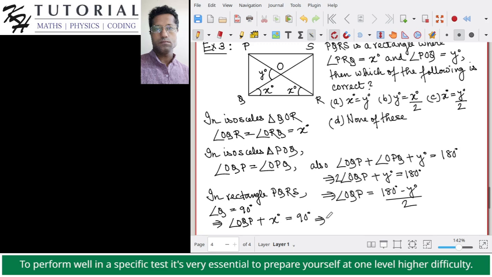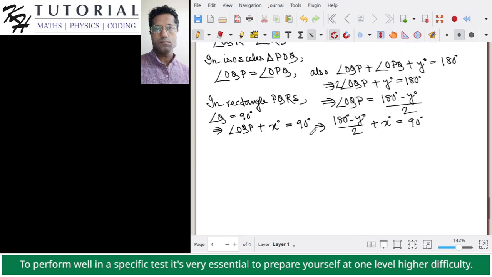Angle OQP is 180 degree minus y degree divided by 2, plus x degree is equal to 90 degree. So, we got a relation between x and y. We need to simplify this further.